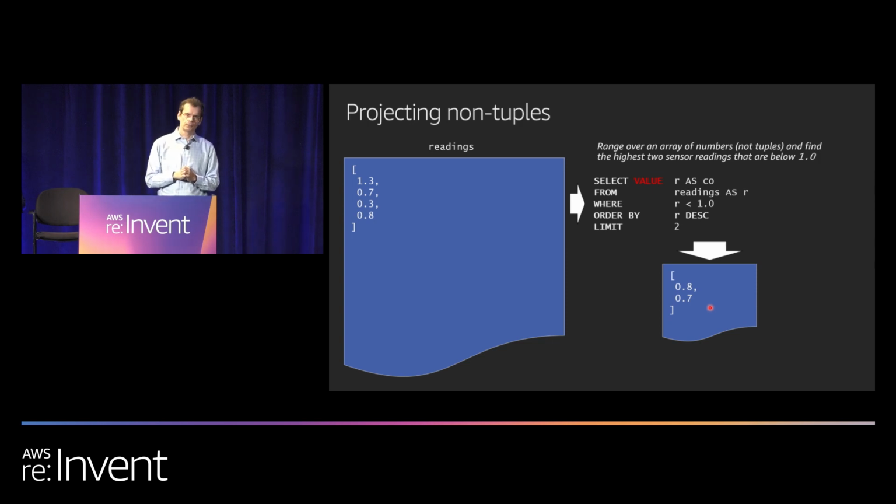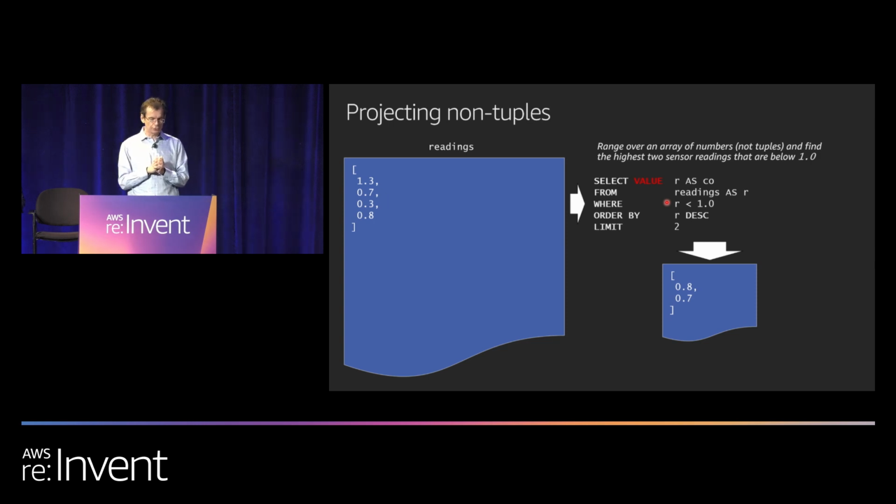This is where PartiQL brings a more fundamental feature than SQL's select, and this more fundamental feature is the select value. In the interest of compatibility with SQL, we let SQL's select keep its functionality, though really the SQL select is a special case of the select value.